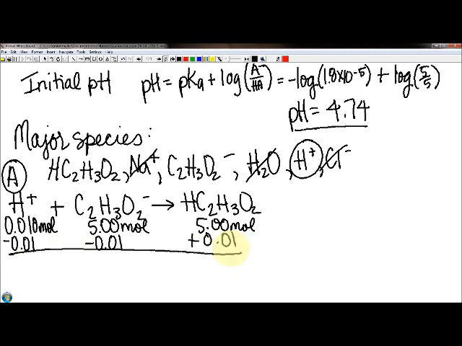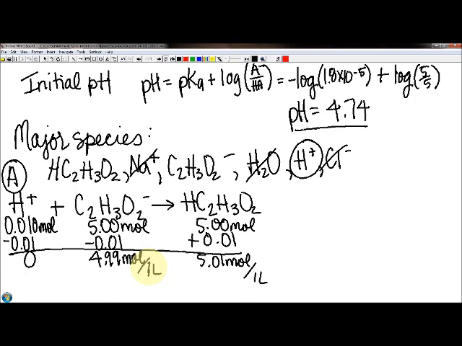Now we have 0 protons left over. We have 4.99 moles of the acetate and 5.01 moles of our acid. And it's a 1 liter solution, so those are going to be our molarities.